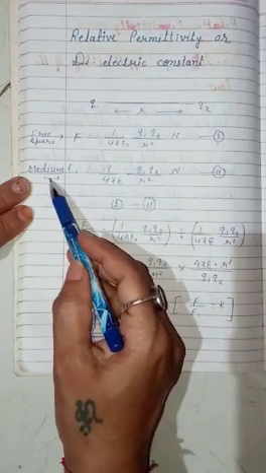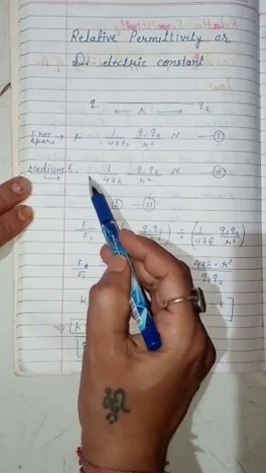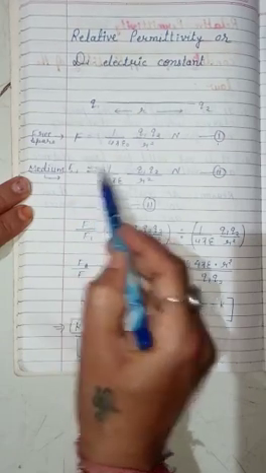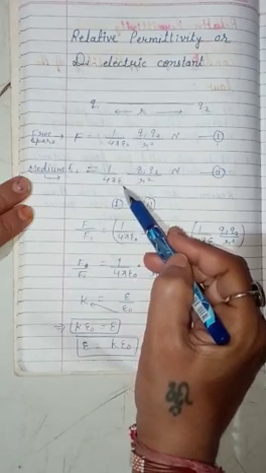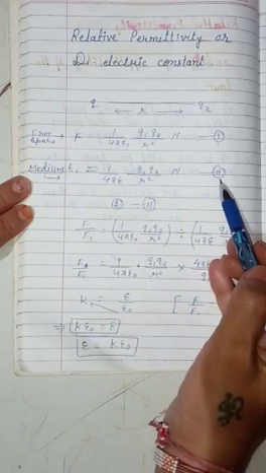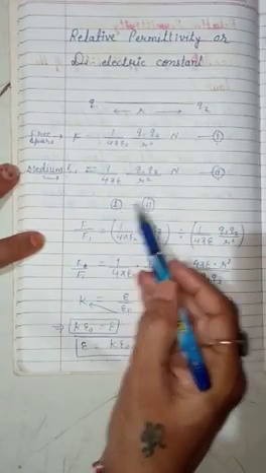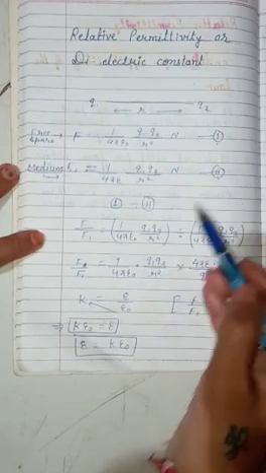And if a medium is present, we take the force as F1 equals 1 upon 4 pi epsilon Q1 into Q2 upon R square Newton. This is the second equation. So we are doing here equation 1 divided by equation 2.